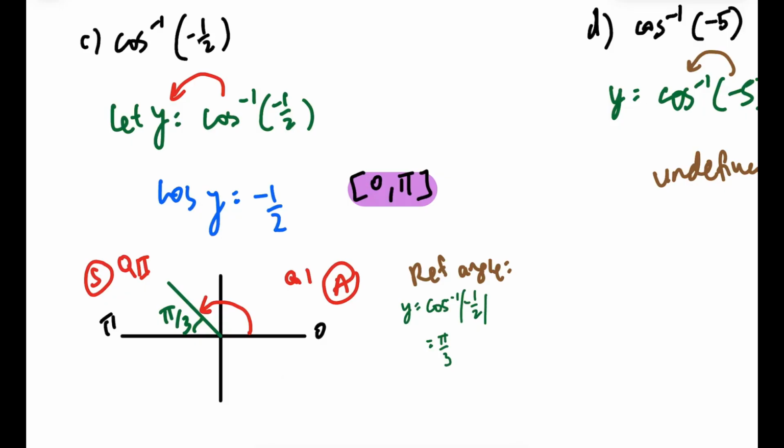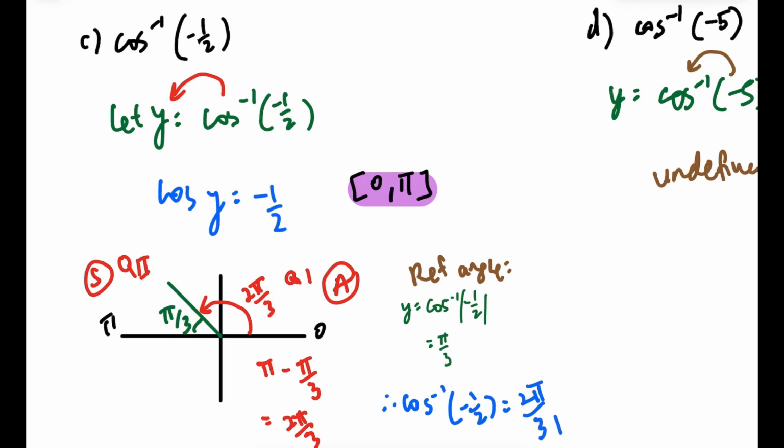Let's do the calculation: pi minus pi over 3 is 2 pi over 3. So this is your angle here, 2 pi over 3. Now let's check: is 2 pi over 3 within the domain? Yes, so we can accept the answer. Therefore, let's conclude: inverse cos of negative half is 2 pi over 3.